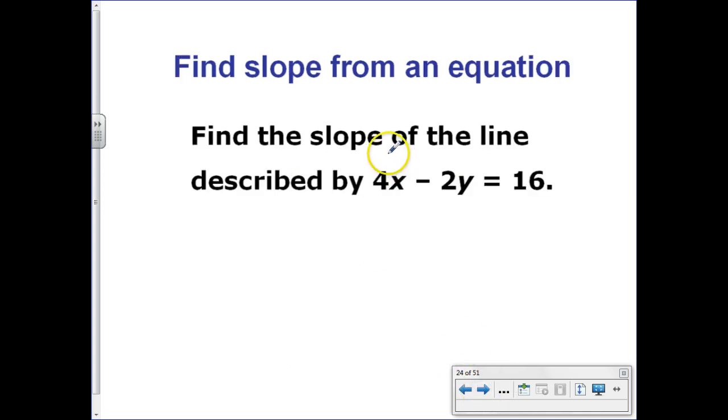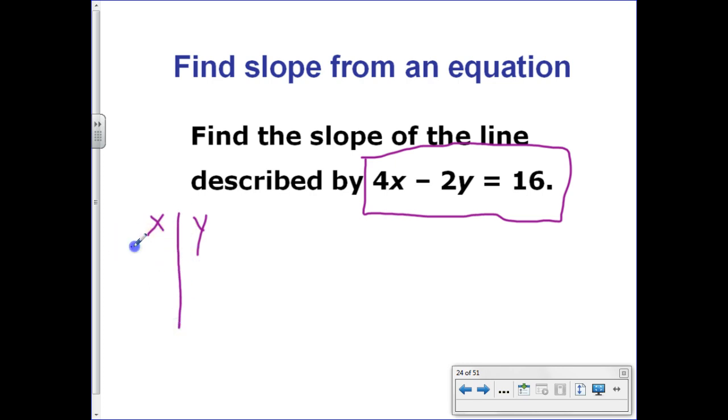Let's take a look at what if I just give you an equation. What if you just have the equation of a line and I say, hey, what's the slope of this thing? Well, I don't have any points yet, so I suppose the first thing we should do is find some points on this graph and then I can find the slope. Okay, the easiest ones in the world are to find the intercepts.